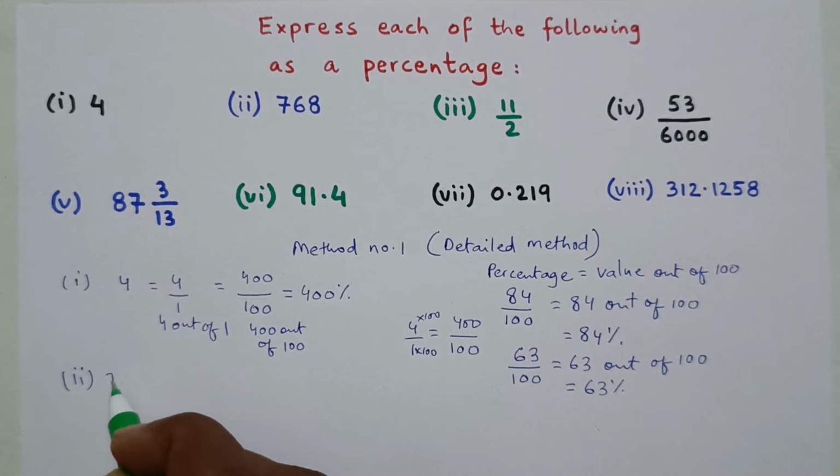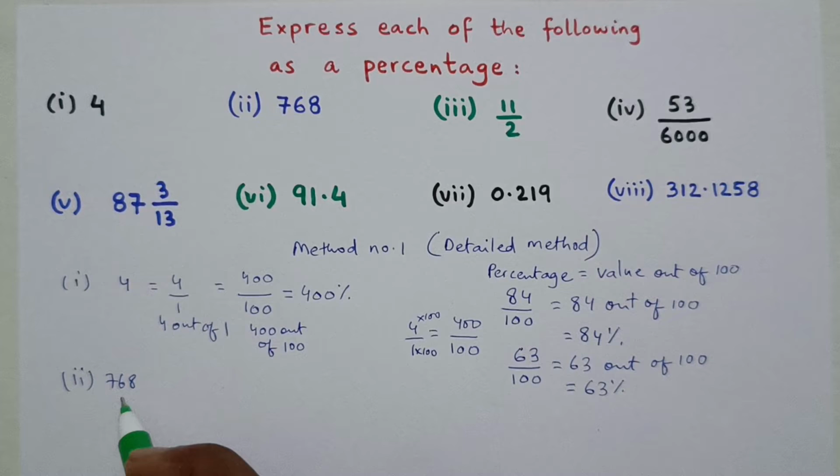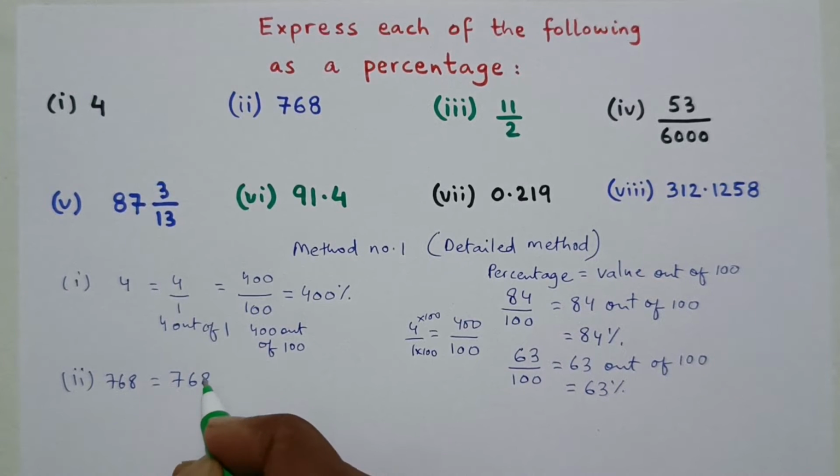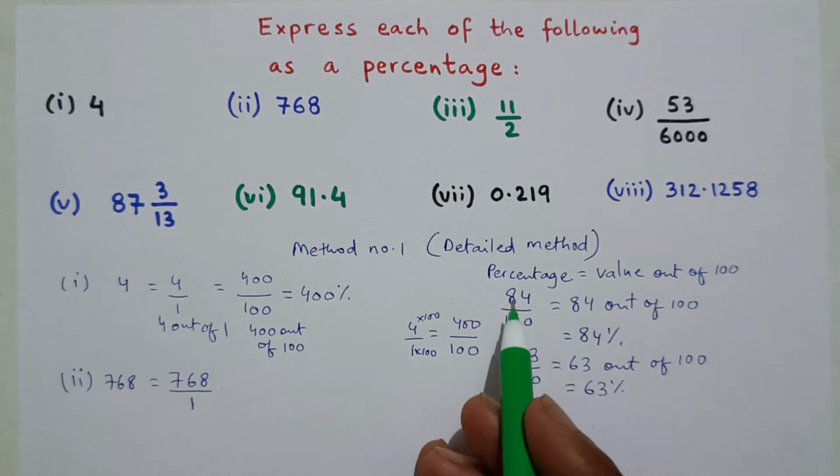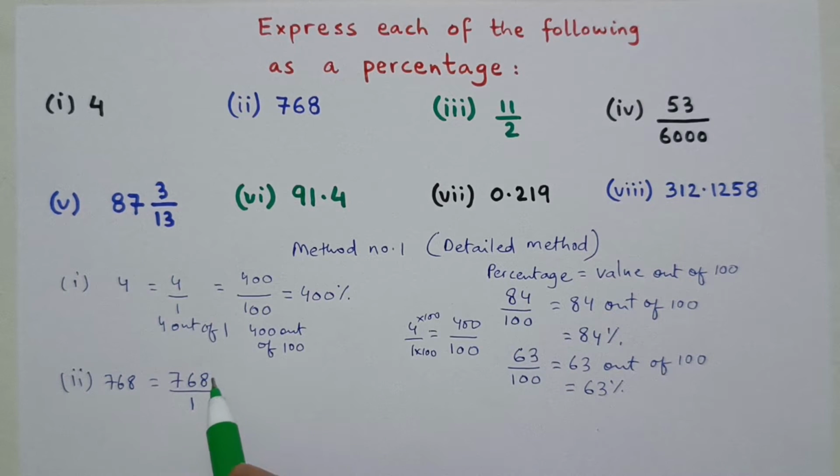Now 768, I can write it as 768 upon 1. 768 by 1, using this analogy, means 768 out of 1.